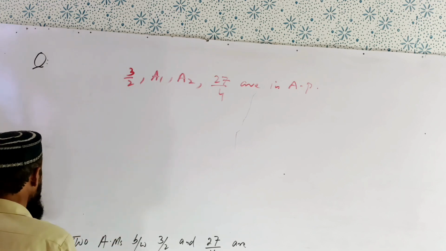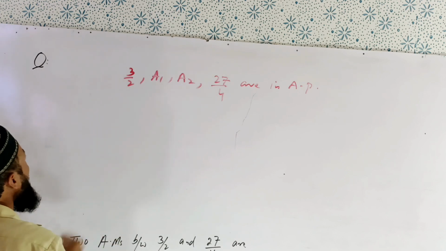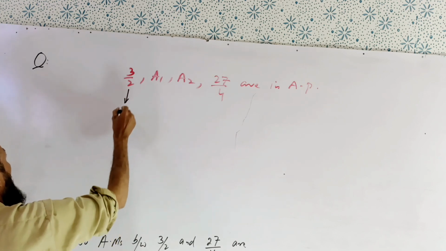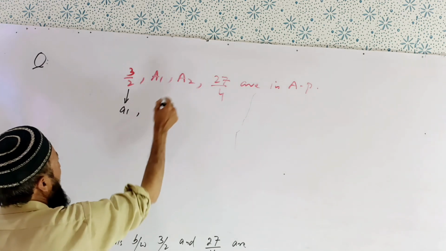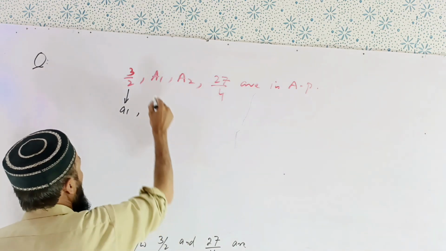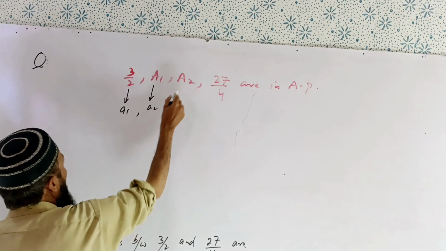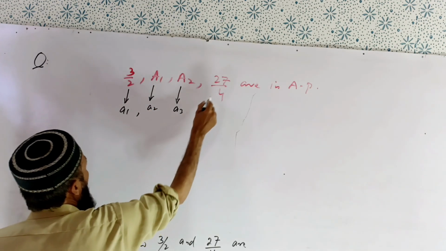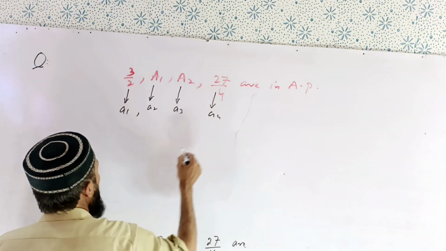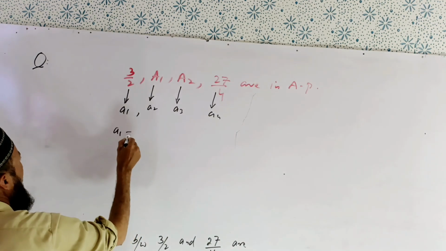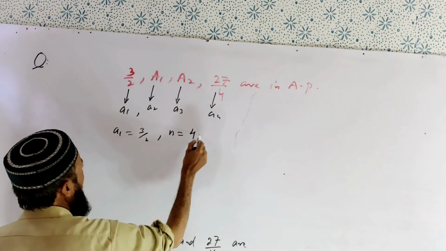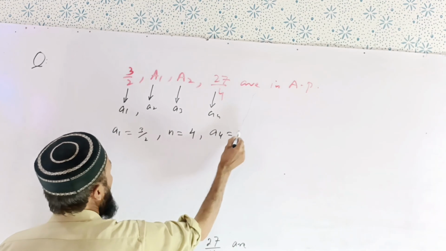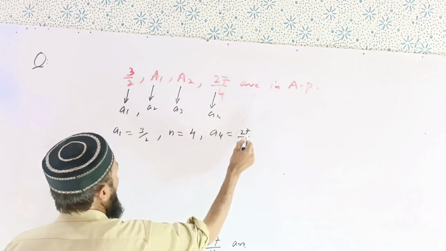This is the first value, a1, and this one is a2, a3 and a4. Here a1 is equal to 3 divided by 2, n is equal to 4 in total, and a4 is equal to 27 over 4.